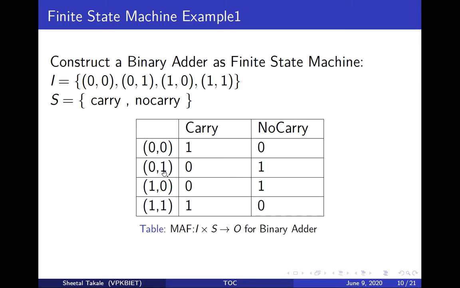Similarly, 0 plus 1 plus carry will result in 0 and the state will be carry state. 0 plus 1 with no carry will result in 1 and the state will be no carry. Similarly, 1 plus 0 plus carry will result in 0 and the state will be the carry state. So this is how it is listing the MAF.